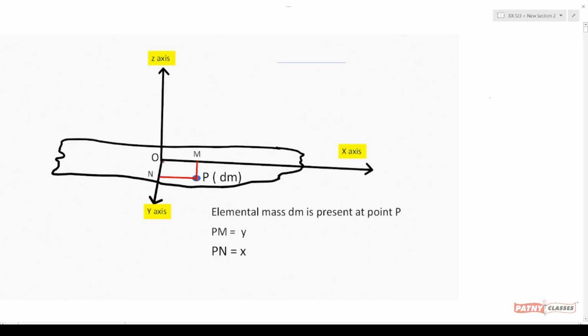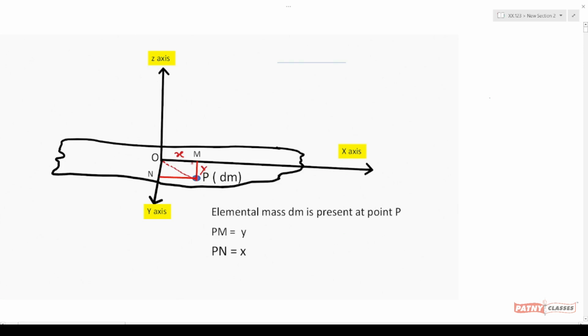Now join OP. So distance OM equals x and distance PM equals y.